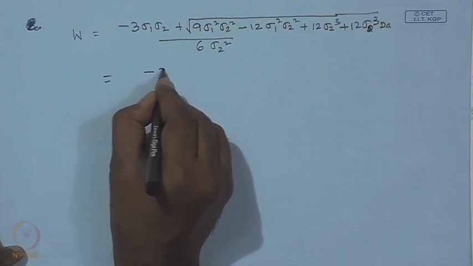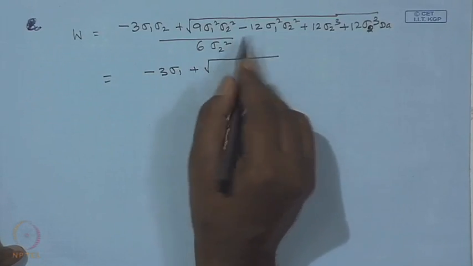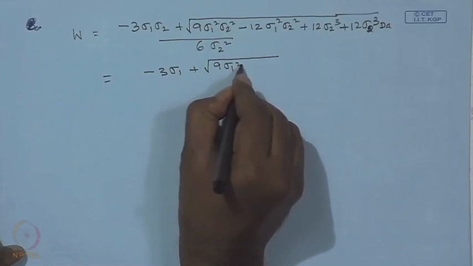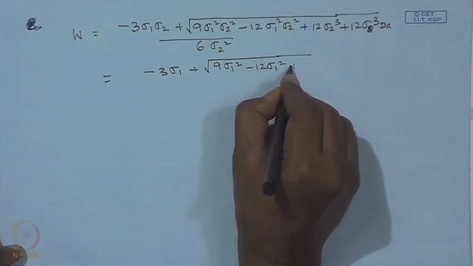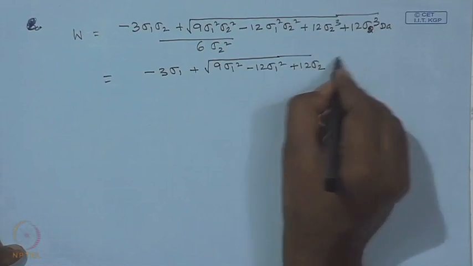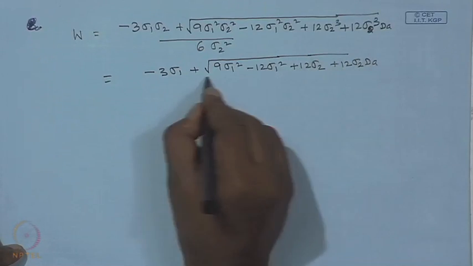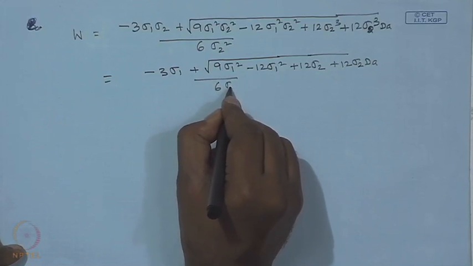So, minus 3 sigma 1 plus root over 9 sigma 1 square minus 12 sigma 1 square plus 12 sigma 2 plus 12 sigma 2 dA, divided by 6 sigma 2.